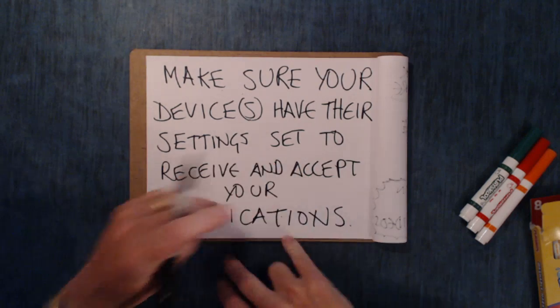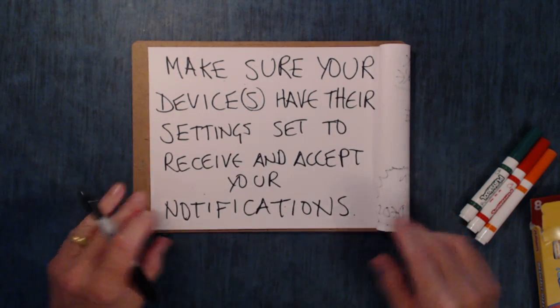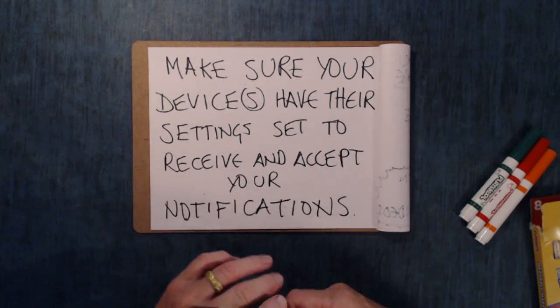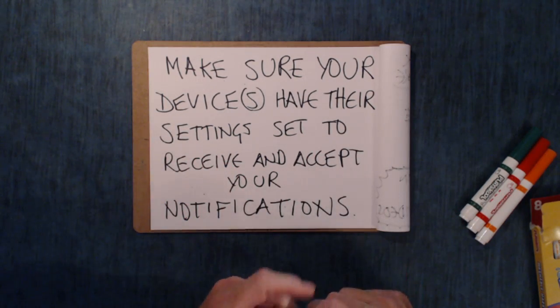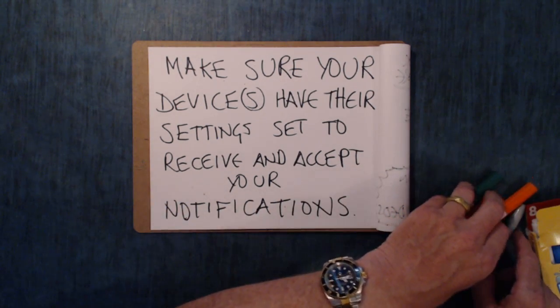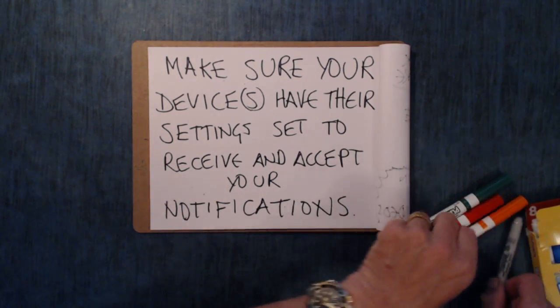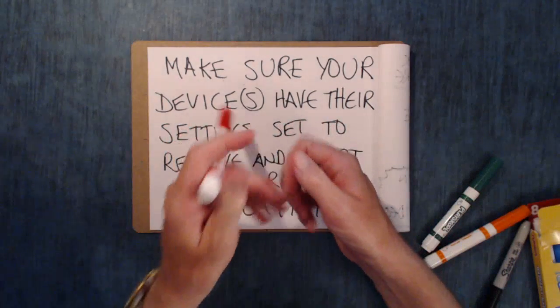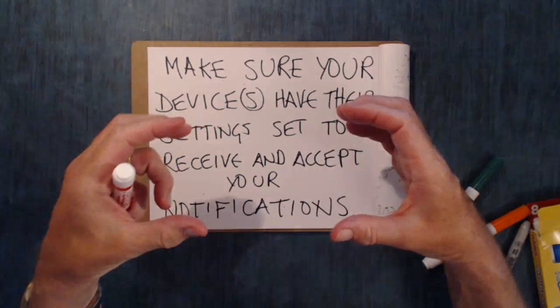Okay? That's incredibly important. I had no idea. It's taken me years to discover this. I just assumed all devices accept a notification when they come in, but it's not true. You have to set your device. You have to go into your settings, especially on mobile phone.